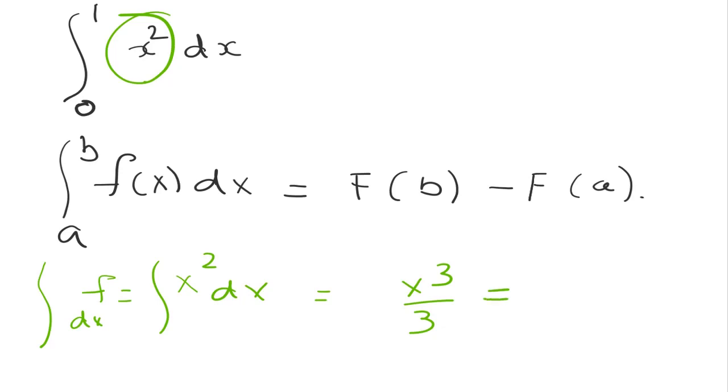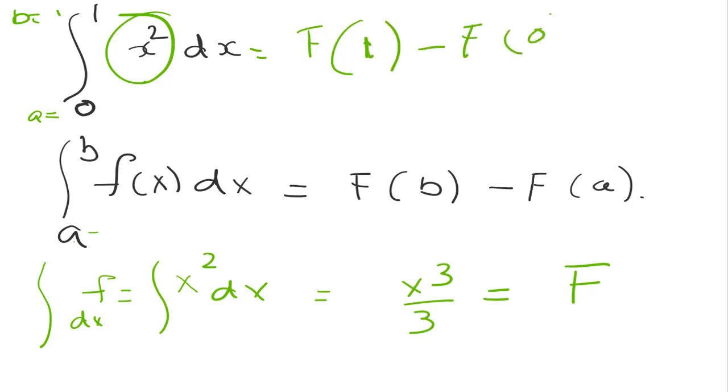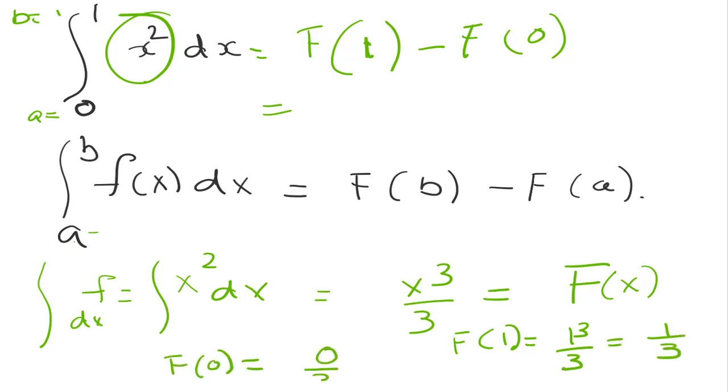This becomes our capital F. Then we give the limits from a to b, where a is 0 and b is 1. So F of b minus F of a is F of 1 minus F of 0. F of x is x cubed by 3, so F of 1 is 1 cubed by 3, that is 1 by 3, and F of 0 is 0 by 3, that is 0 itself. So the answer is 1 by 3 minus 0, or 1 by 3.